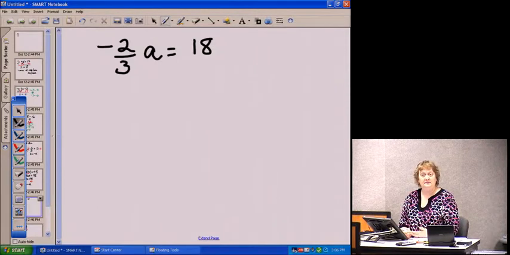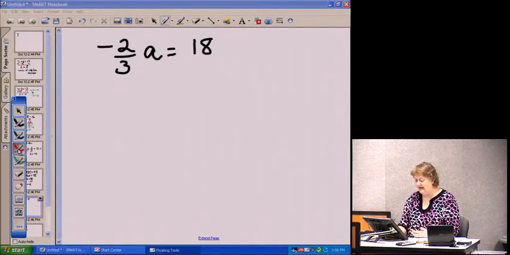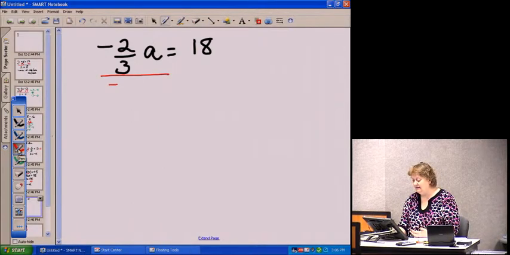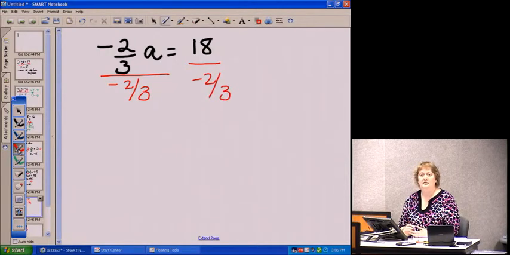Now, this is a multiplication, so we could divide both sides by -2/3, because that's -2/3 times a equals 18. But dividing by -2/3 gets ugly, as you can see by looking at the screen. So we want to come up with a way that's a little bit easier.